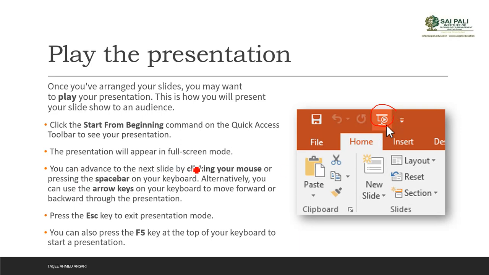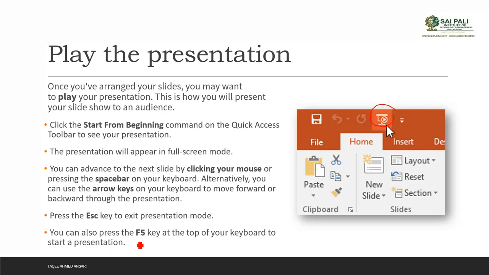The presentation will appear in full screen mode, and you can advance to the next slide by clicking your mouse or pressing the space bar on the keyboard, or alternatively you can use the arrow keys. When you want to end the presentation, you can skip at any time and it will end. Or if your presentation is finished, then also it will end.